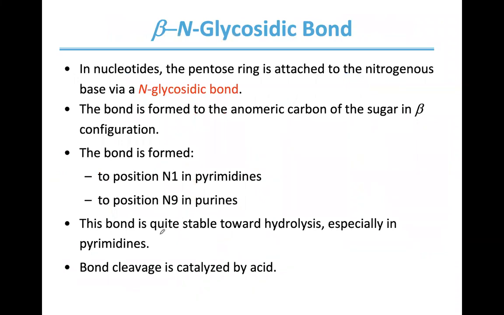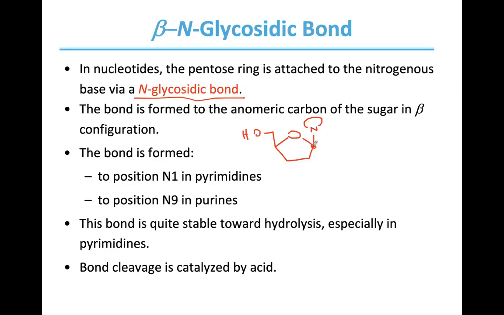So let's talk about the glycosidic bond. So this will be an N-glycosidic bond as opposed to acetals like in carbohydrates, right? So we talked about the fact that this is going to be in beta configuration. So if you have a ribose, then the nitrogenous base will be in the beta configuration.